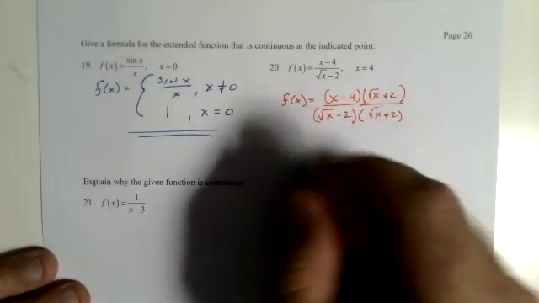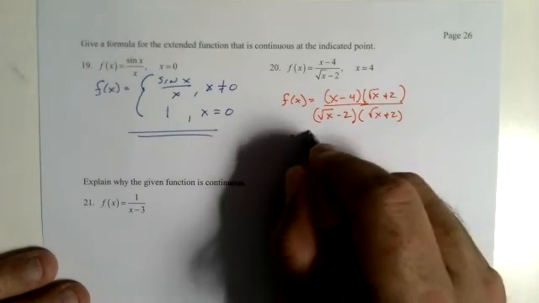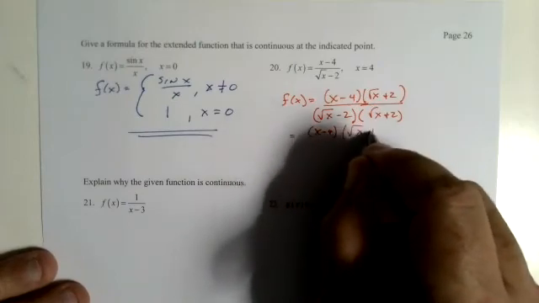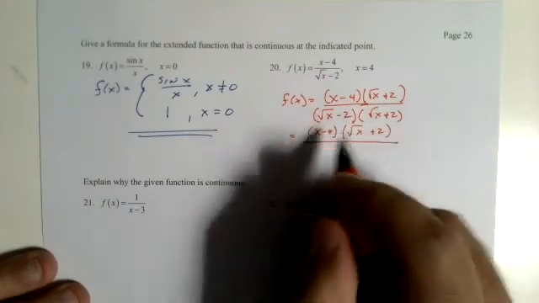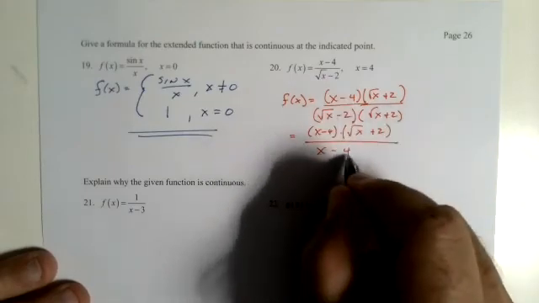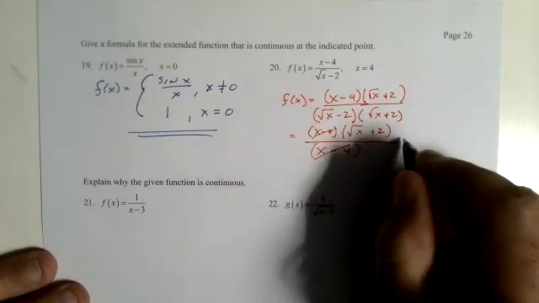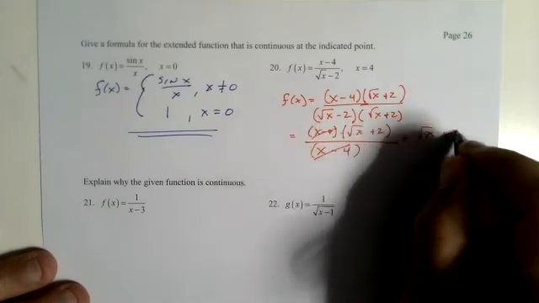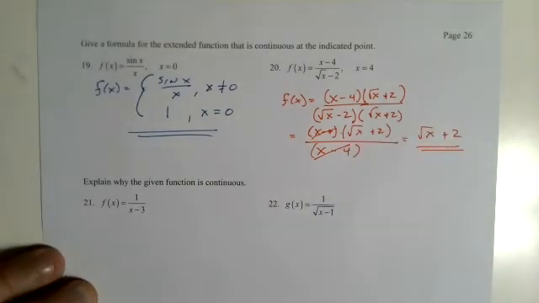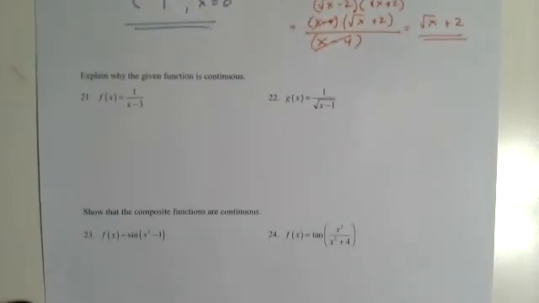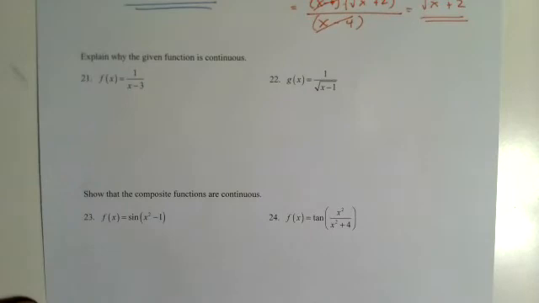So we get x minus 4, root x plus 2 over x minus 4, kill, equals root x plus 2. Playing with conjugates.